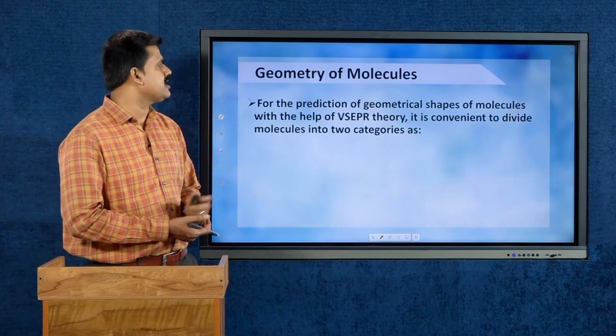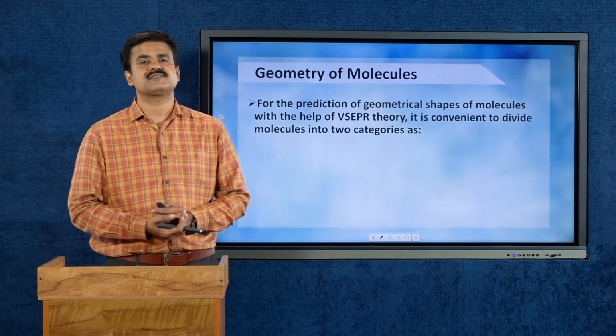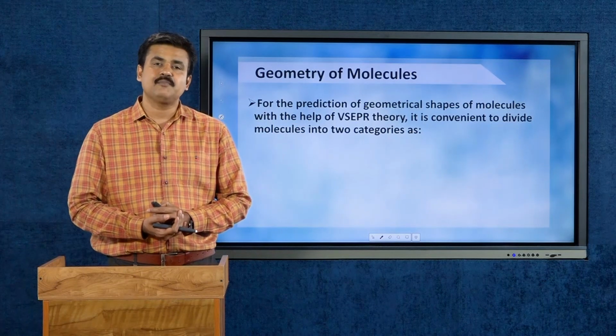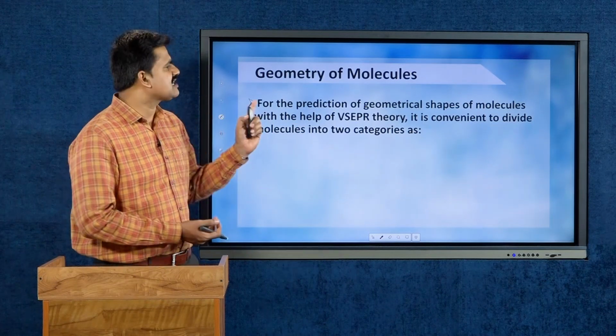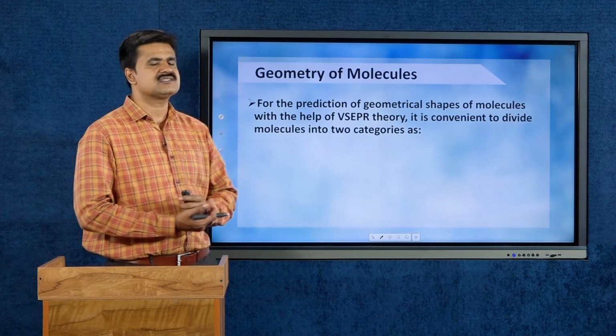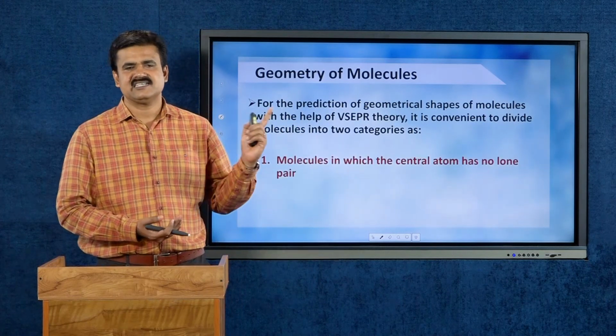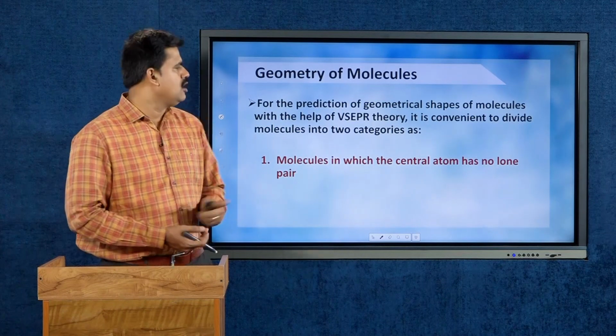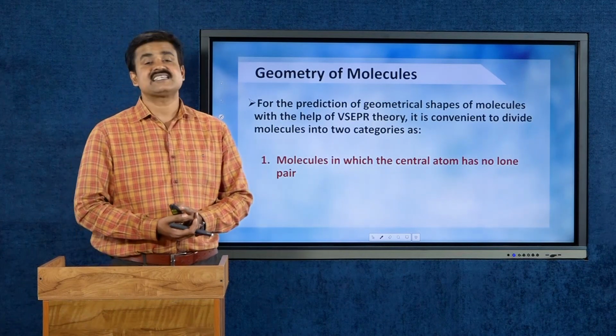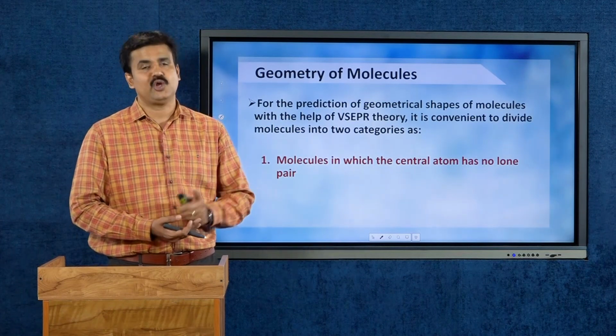For the prediction of geometrical shapes of molecules with the help of VSEPR theory, it is convenient to divide molecules into two categories. The first category is molecules in which the central atom has no lone pair.